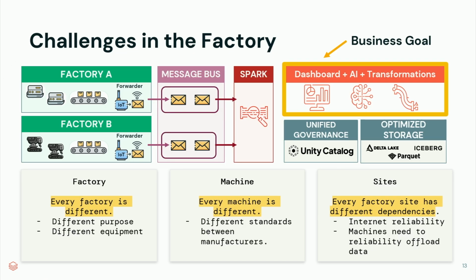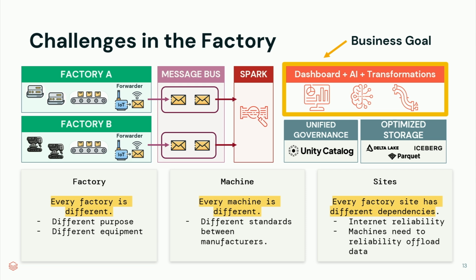So let's start with their architecture, but let's start at the business goal. So in the upper right-hand corner here, we have a business goal. I want some sort of dashboard. I want to build some sort of AI agent, maybe some transformations on my manufacturing data. Now, to get that data in today, Joby has several factories that are manufacturing different parts of the aircraft.